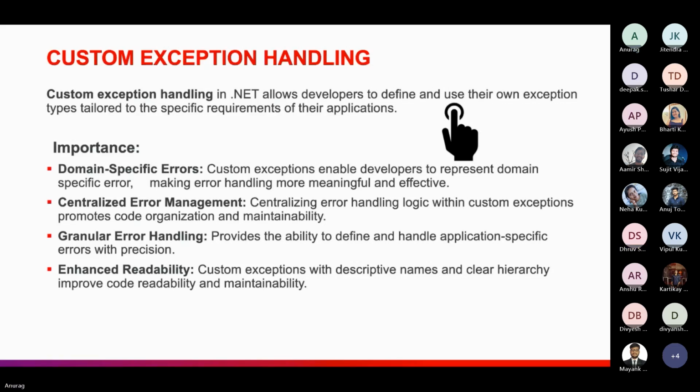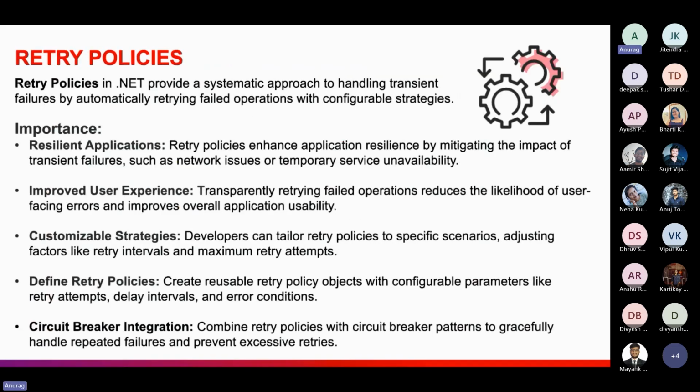So next one, fourth one, and the last one is retry policies. It's also a part of exception handling. Retry policies in .NET provide a systematic approach to handling transient failures by automatically retrying failed operations with configurable strategies.